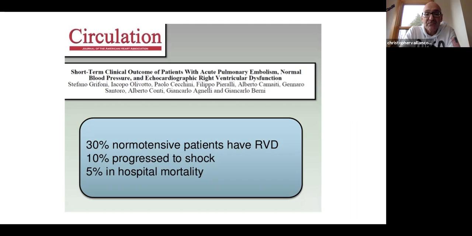Of those, 10% will progress to shock, with a 5% hospital mortality. So it's about trying to risk stratify which of those patients with RV dysfunction are most at risk of going on to have a bad outcome.